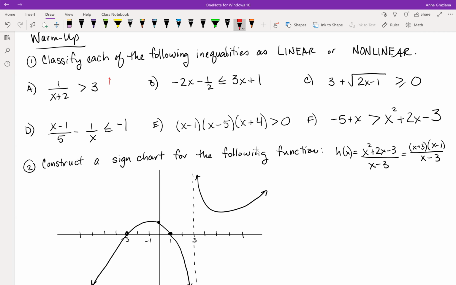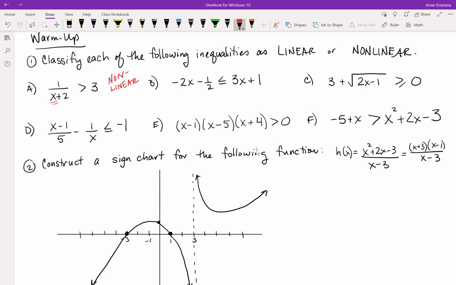This is nonlinear. And the part that gives it away is the variable in the denominator. The fact that you have a variable in the denominator means that this is a rational function and it is nonlinear. All right, so what about part B? Linear or nonlinear?